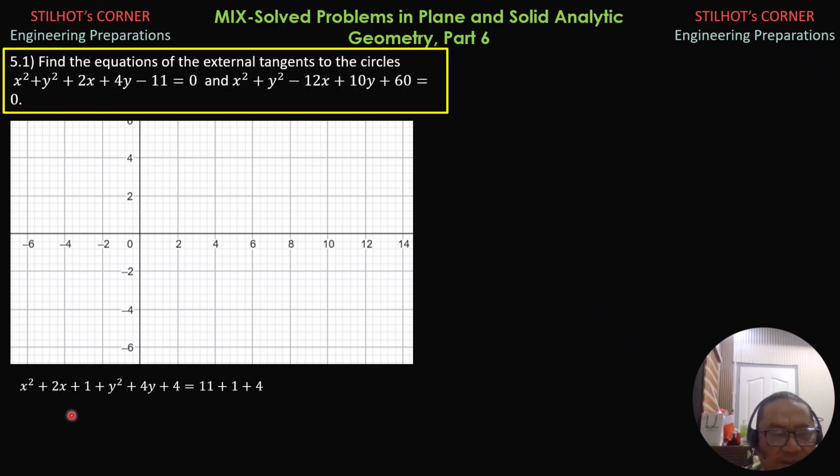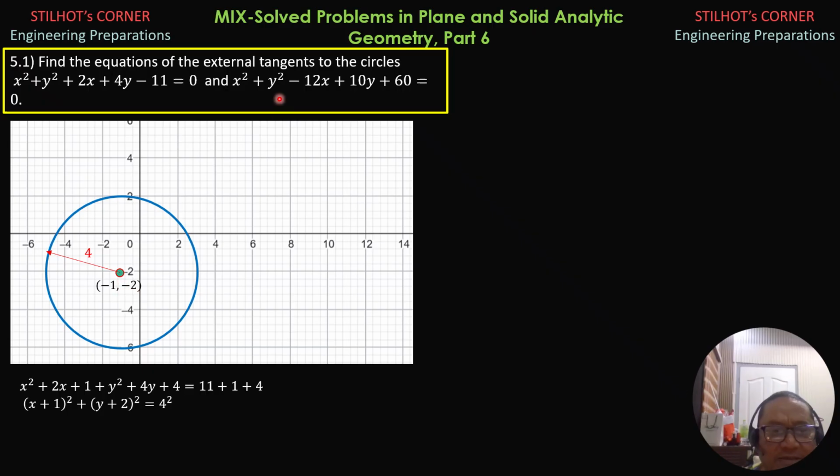So we have (x plus 1) squared plus (y plus 2) squared equals 4 squared, or 16. So this is a circle with center at negative 1 comma negative 2 and radius of 4. And let's locate that on the plane here. So that's it.